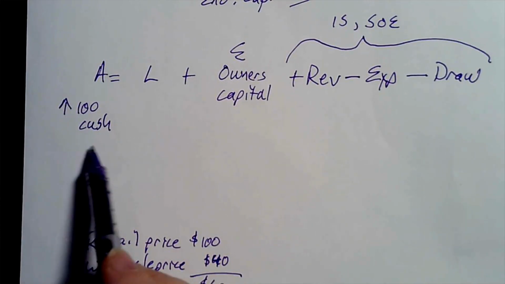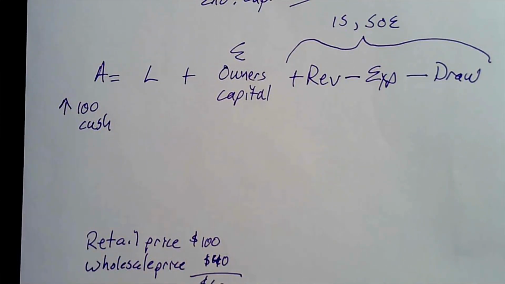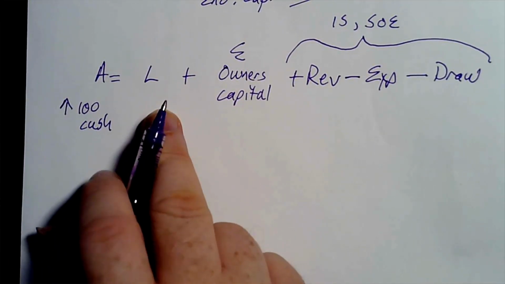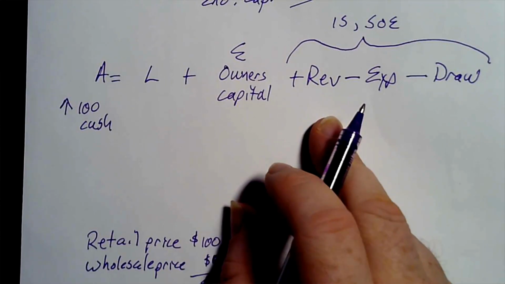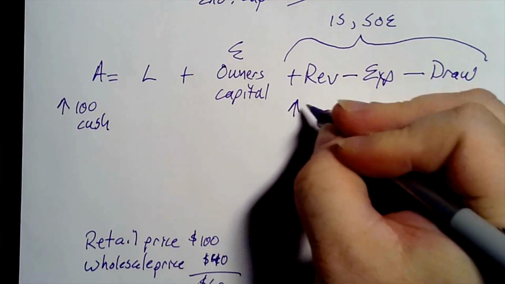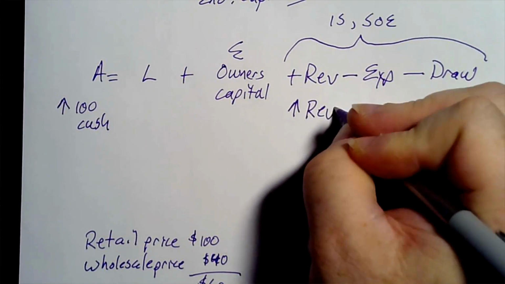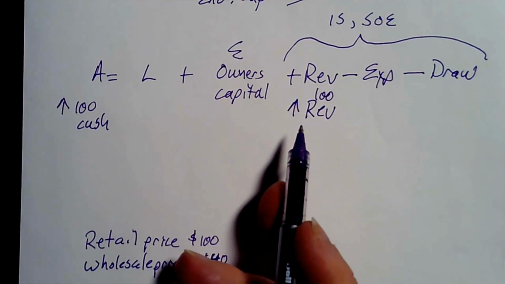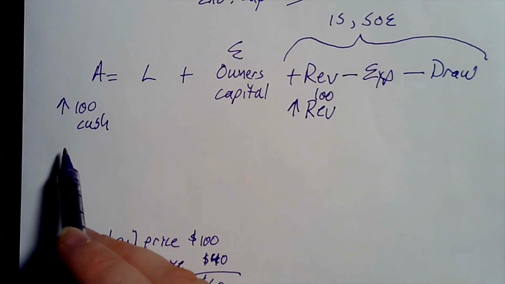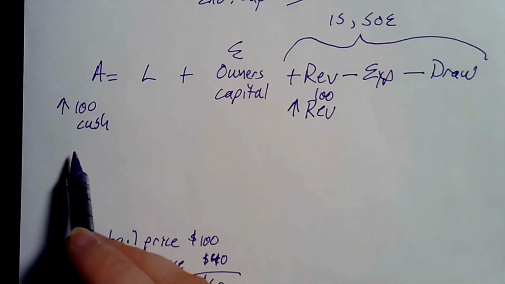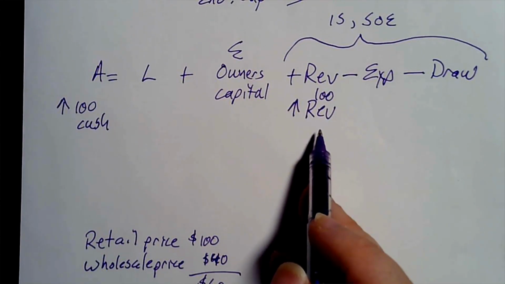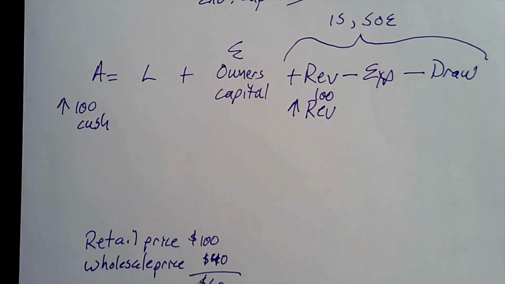So just looking at this part, the $100 increase in cash doesn't tell us why. If we had taken out a bank loan, it would still be a $100 increase here, but it would be a liability increase. But this particular $100 is because we had an increase in sales, an increase in revenue of $100. That's why we need both parts of this transaction. Just because an asset went up or down doesn't tell us enough information. We need to know why. Was it a bank loan or was it a customer sale? So here, in this case, it's a customer sale.